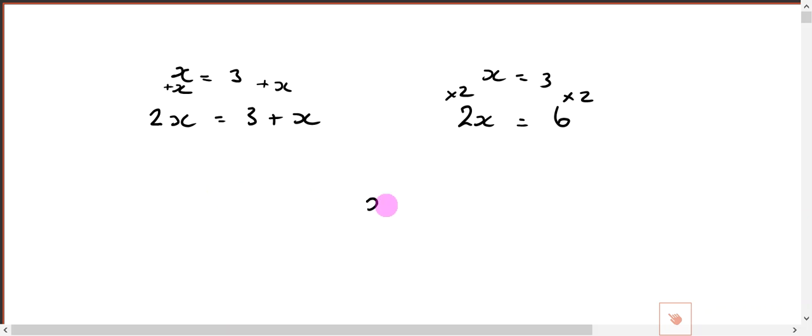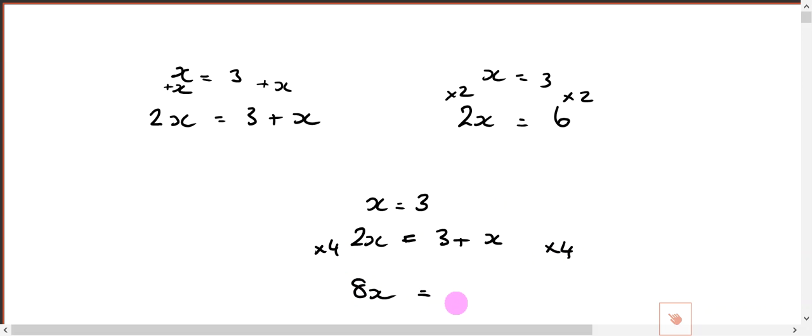What if I took x equals 3, added x to get 2x equals 3 plus x, and then I multiplied by 4, what would I have? You would have 8x equals 12 plus 4x. I would put that. Multiply everything on both sides, yeah?